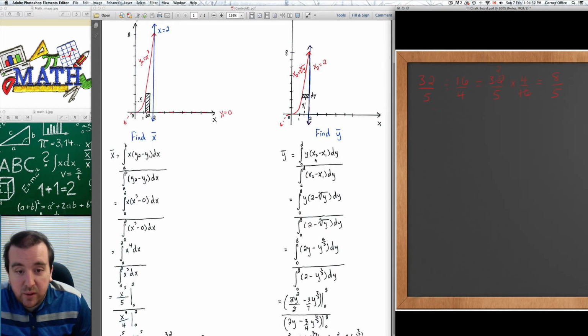So our limits of integration, this time we go vertical, so it's from 0 to 8. So that's why the limits become 0 to 8 here. And we have y, and then we plug in our x2. Our x2 is stated as x2 equals 2, and our x1 is now the third root of y. So we plug that in.